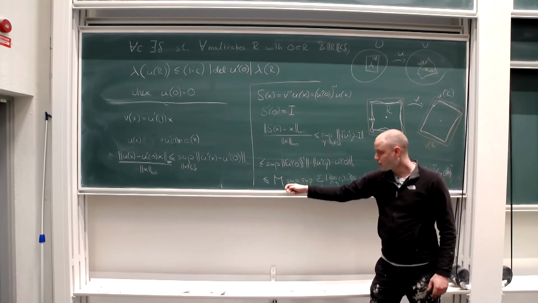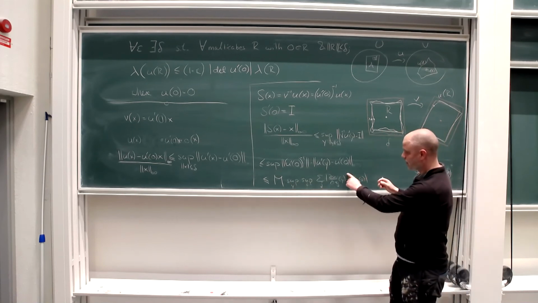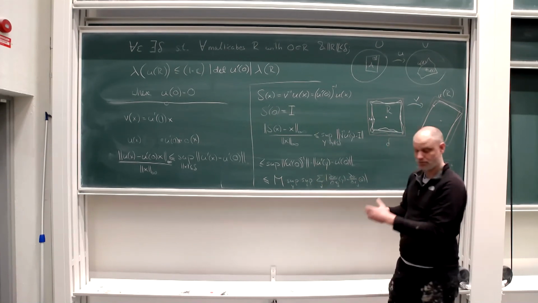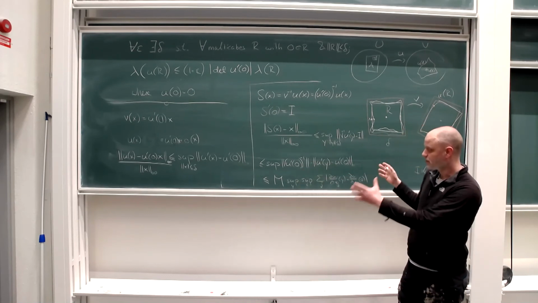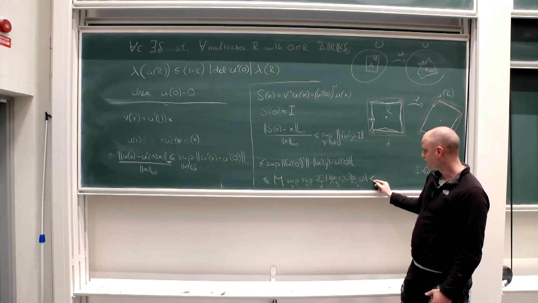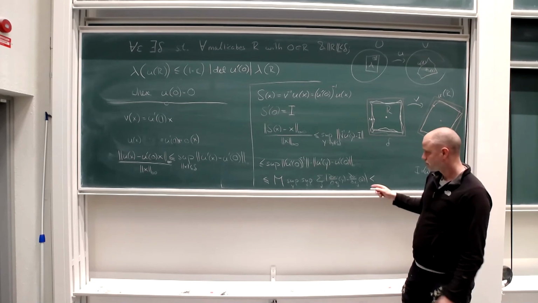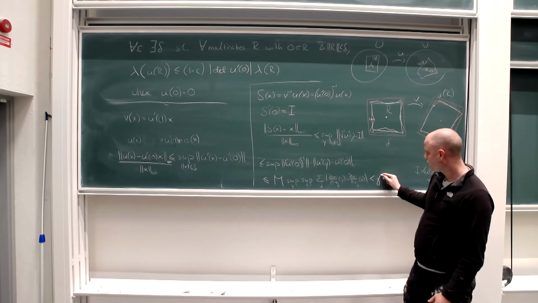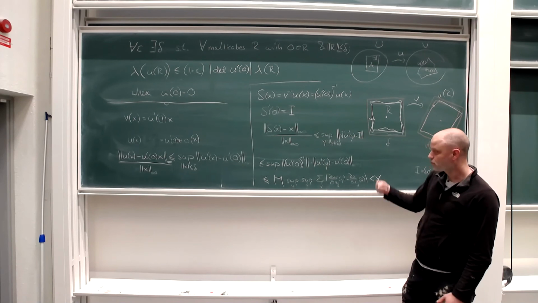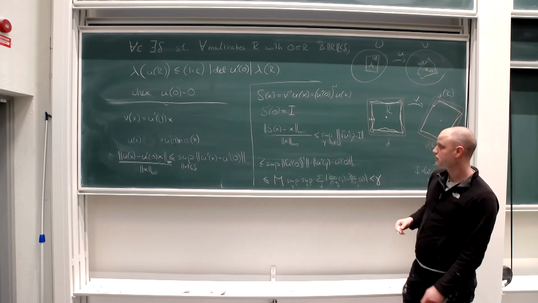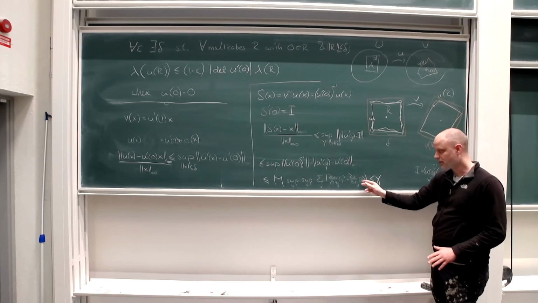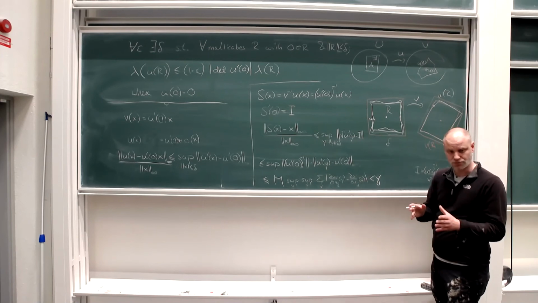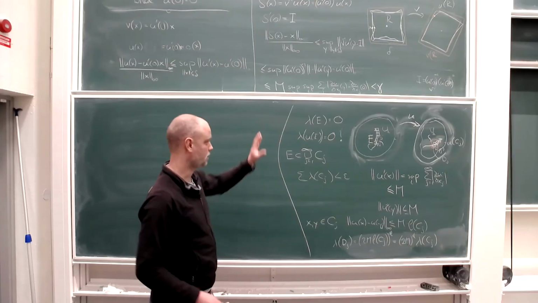So each term here I can make less than some gamma, and then I have a finite sum and a supremum. So altogether, we can make this smaller than whatever number, upon choosing delta small enough. And this is independent of where this 0 is, right?